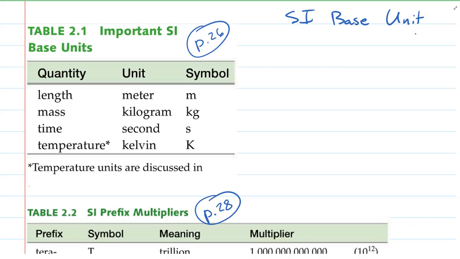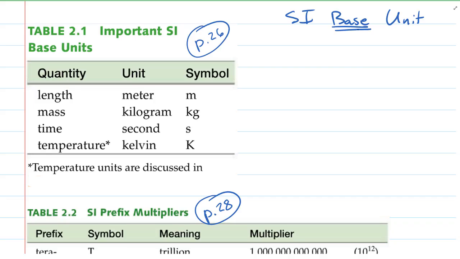These here are what we call the SI base units. A base unit is a unit in which we can pretty much make all measurements. As you look at these, you'll see length, mass, time. Very often students think the SI unit of mass is the gram, but it's actually the kilogram.